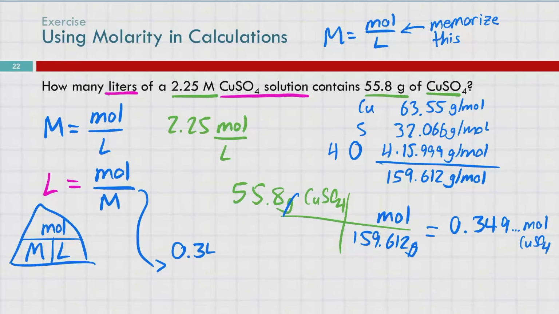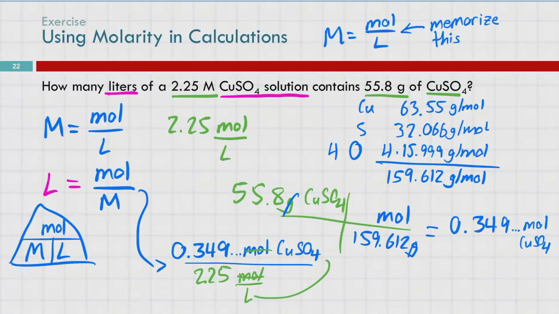So if we plug that into our rearranged equation, that would look like this. 2.25 moles over liters on the bottom. So the moles will cancel.